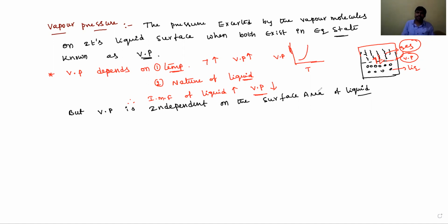So these are the main important points related to vapor pressure. Based on this, the relation between vapor pressure and temperature has been given by the Clausius-Clapeyron equation.